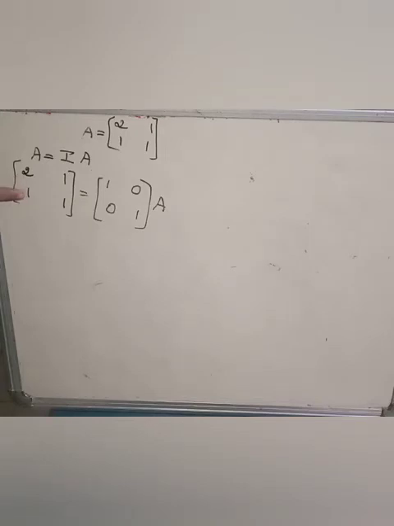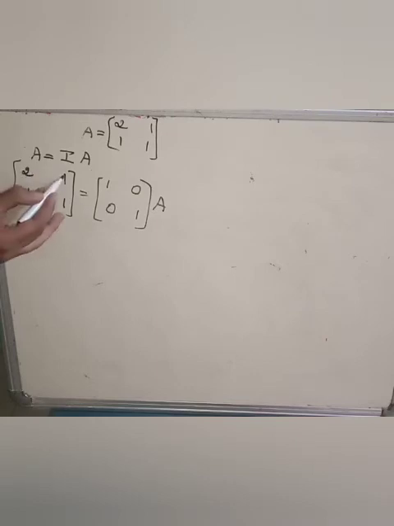We can apply the third elementary operation as well as the first elementary operation to make this entry 1. First we have to change this entry to 1, then either this entry 0 or this entry 0.